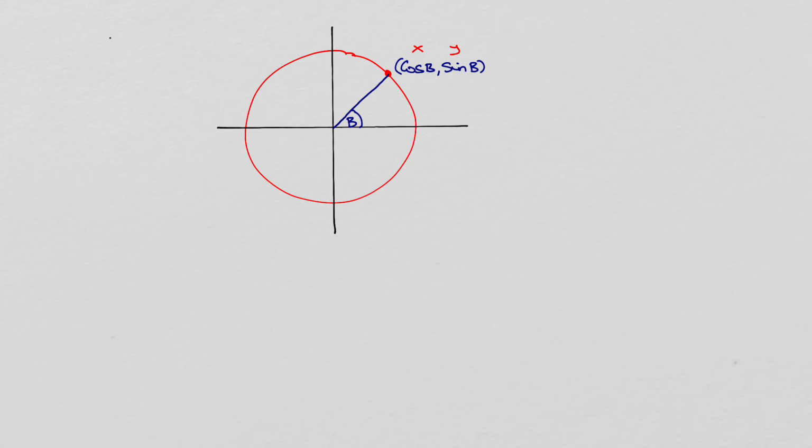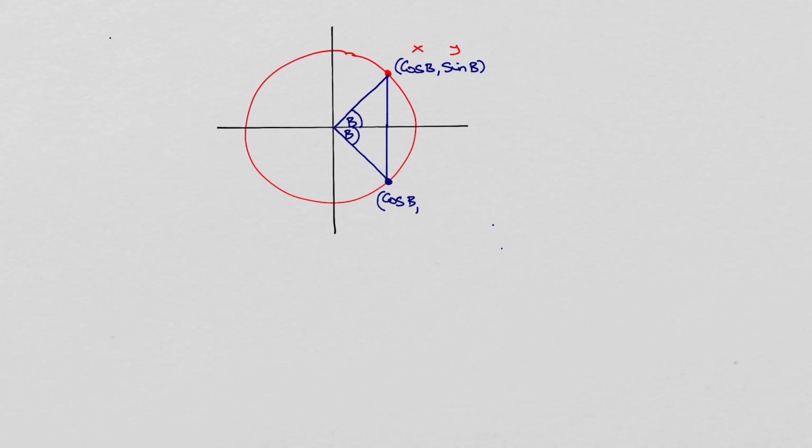Now, if I drop a line down there to make a right angle triangle, and then I continue the line all the way down and draw it back so that this angle here is the same, then the coordinate here is still out to cos and down to sine.